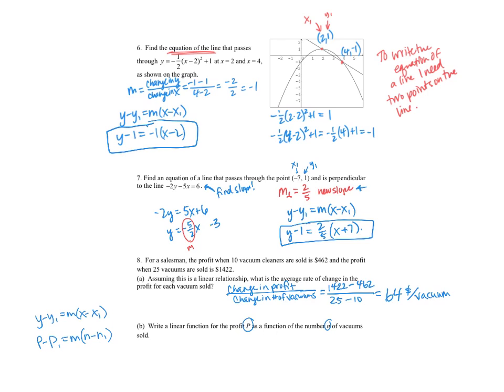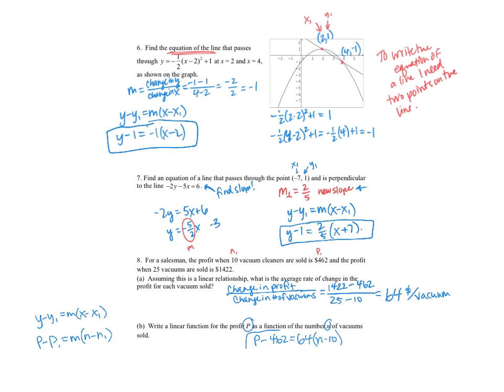I'm going to pick one of these to be my n1 and this to be my p1, and use that in my formula. So I'll have p minus 462 is equal to my slope, which is 64, times n minus 10. And that's my linear function for the number of vacuums.